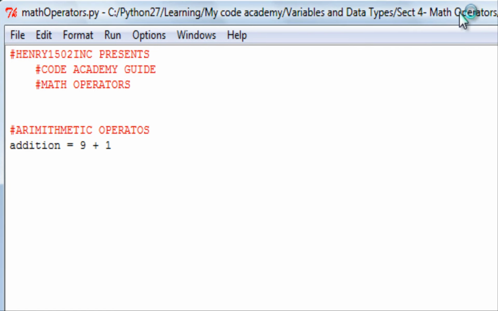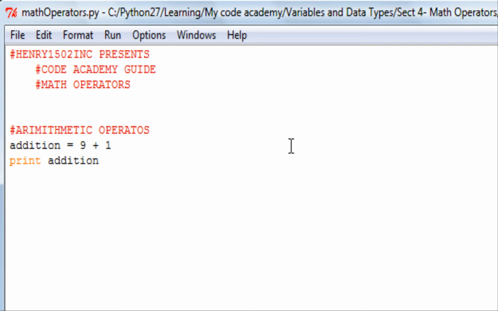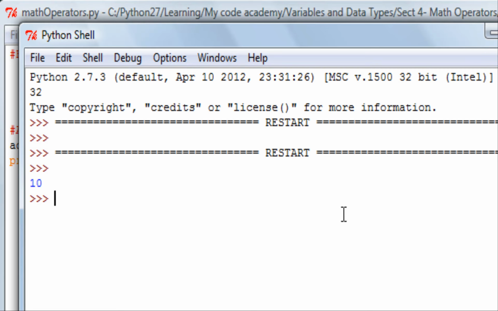Nothing shows up only because I forgot to print it. Print addition. Press F5 again. There it is. Addition equals 10.